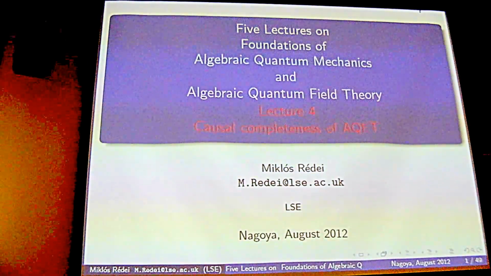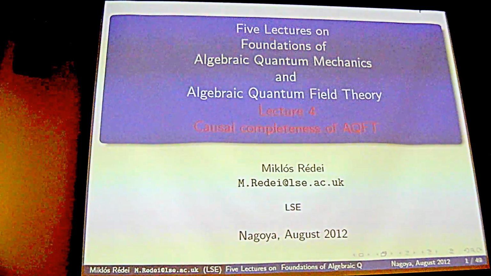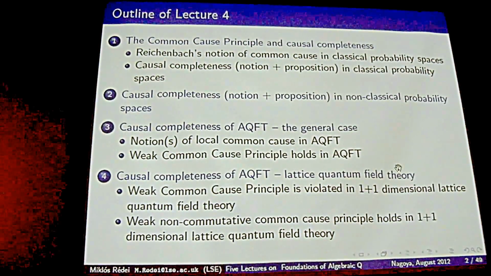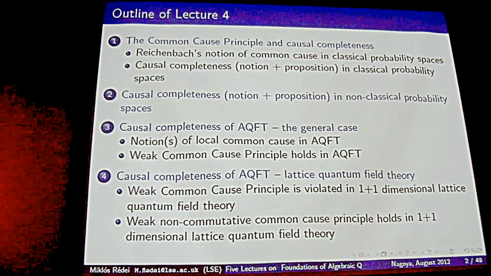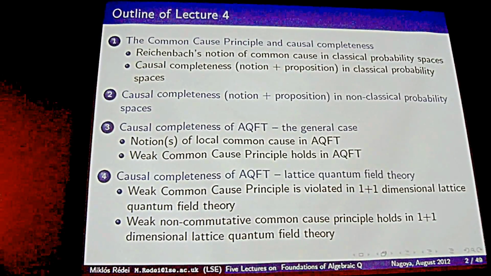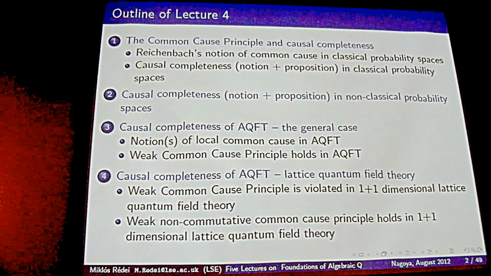To be more precise, devoted to the status of the so-called common cause principle of quantum field theory. So here's the outline of what I try to do in the somewhat truncated time, the 1 hour I have. I have to be fast. I might skip a couple of things in order to fit everything.